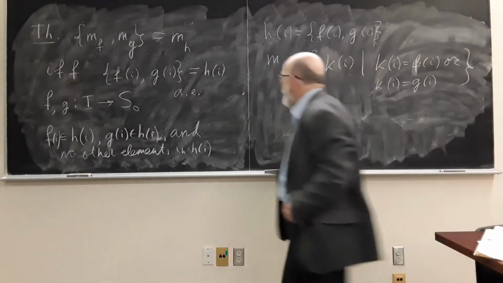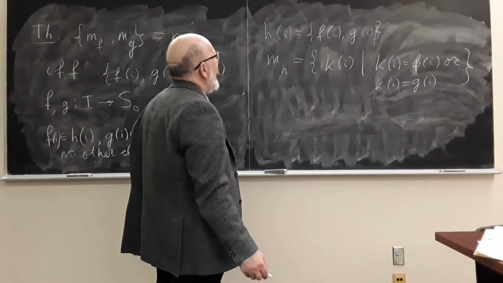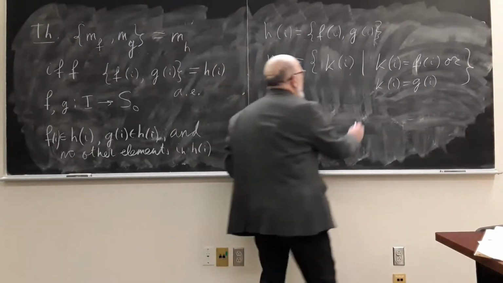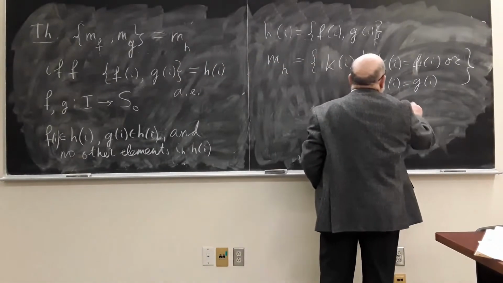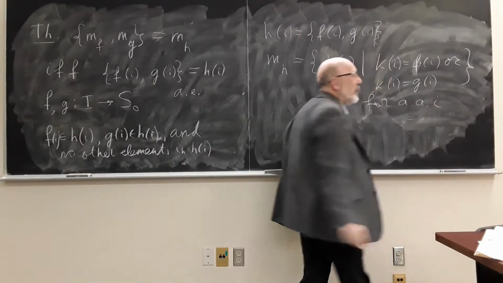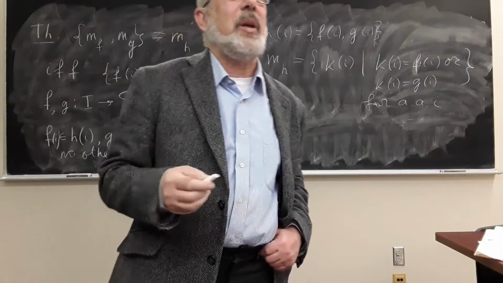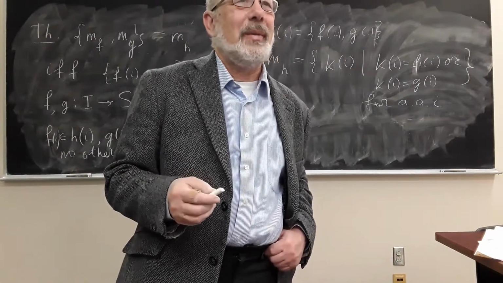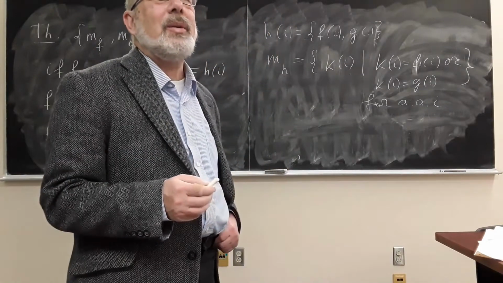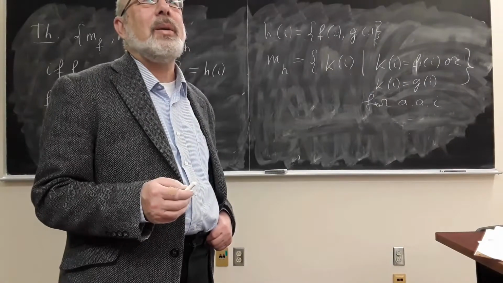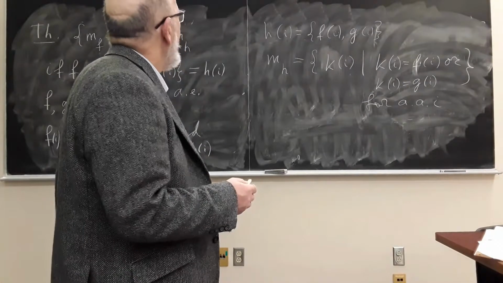And now it is for almost all i. Almost all means that there may be some negligible set. Wouldn't it be like MK? Excuse me? Wouldn't it be the sets of MK? Maybe I'm wrong here, I'm not certain.